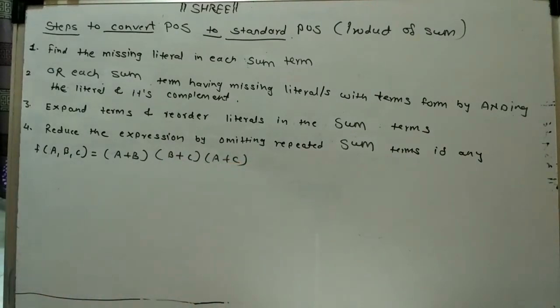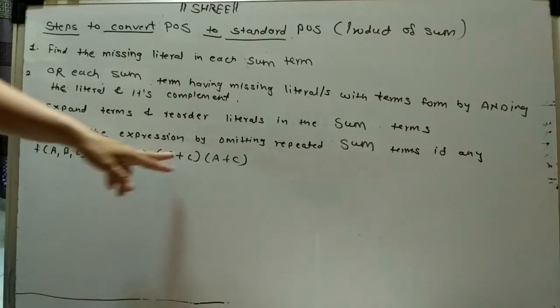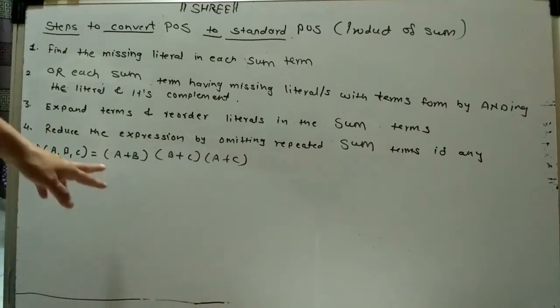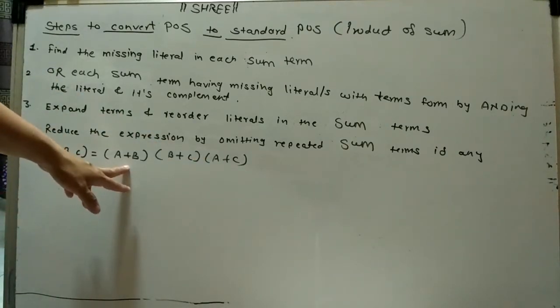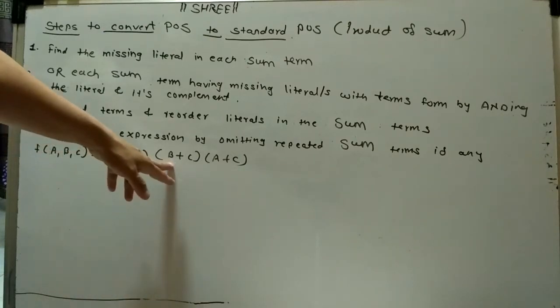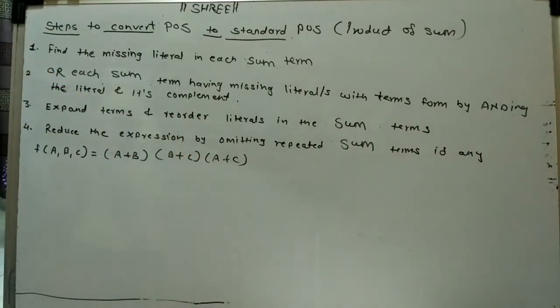Now see, this expression is a product of sum expression. Again, this is not a standard form because the first sum term contains only literals a and b, c is absent. The middle term contains b and c, a is absent, and the third one contains a and c, b is absent. That means all the literals are not present, therefore it is not a standard form.